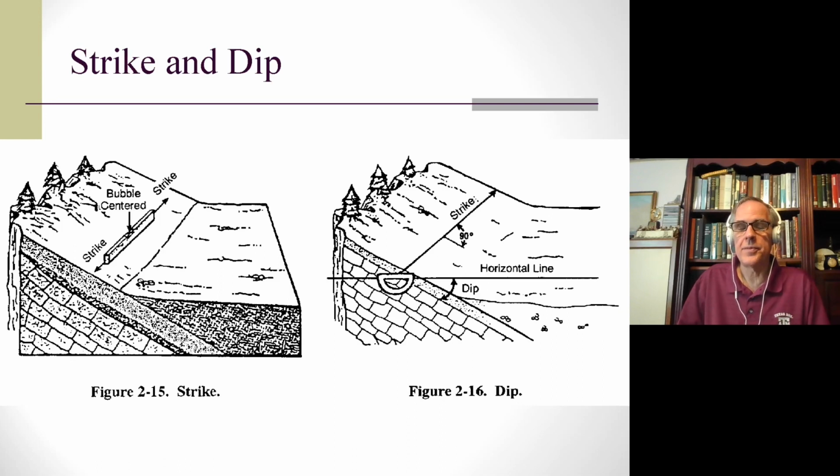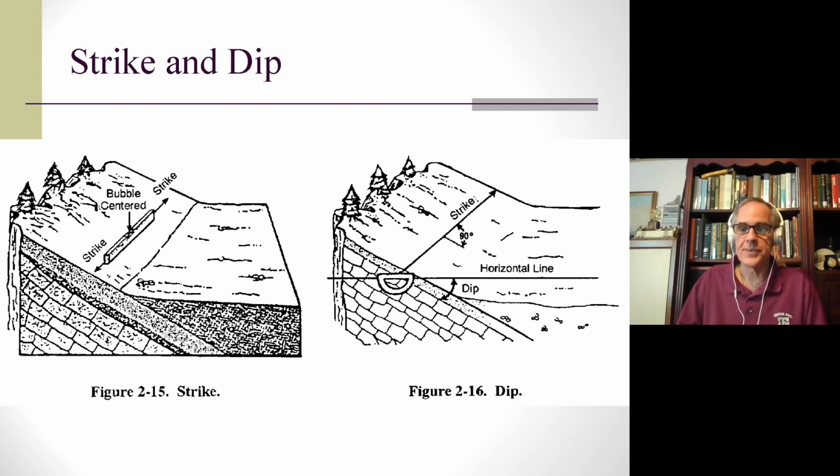And that is that the strike angle is basically a cardinal direction. In other words, it's going to be either 0 or true north, or 10 degrees off north, or 20 degrees off north, 30, or whatever, go all the way around the compass rose back to 360.